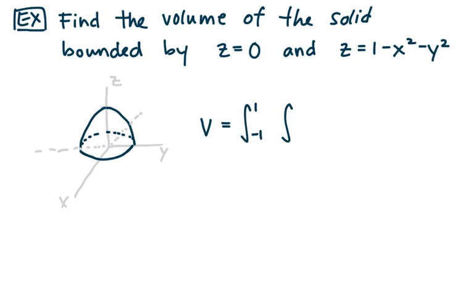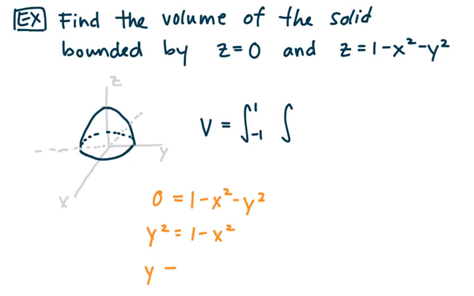What are my y values bounded by? My y values are bounded then by the circle. How can we define that in a variable way? So if we think about that circle on the base, that would be like saying 0 equals 1 minus x squared minus y squared. Or I could move that y squared over. y squared equals 1 minus x squared.